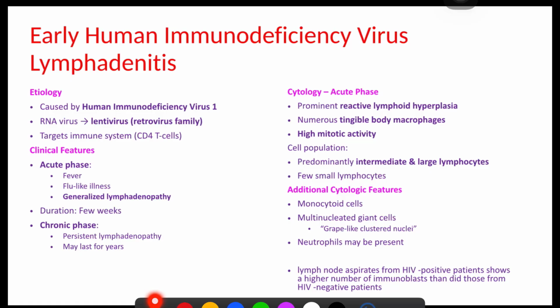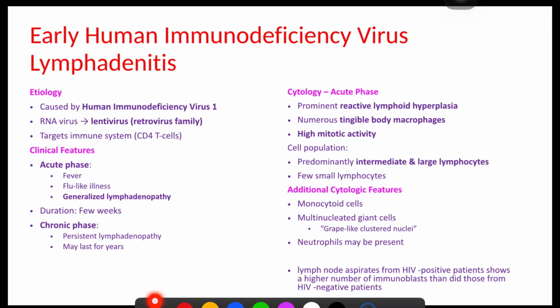Now cytologically, the acute phase shows a reactive lymphoid hyperplasia pattern, numerous tingible body macrophages, high mitotic activity, and predominantly intermediate and large lymphocytes, with few small lymphocytes.